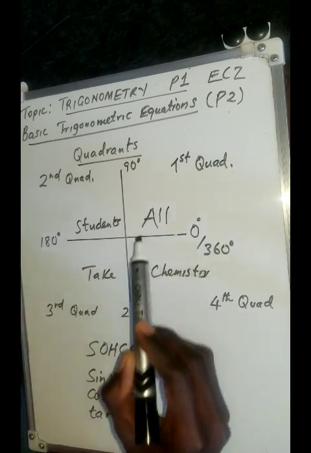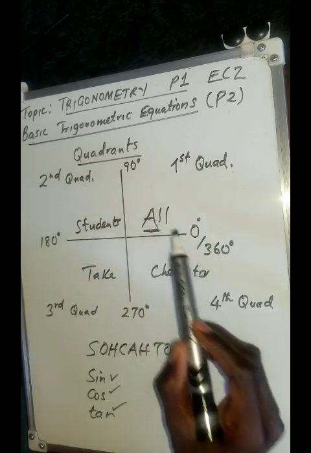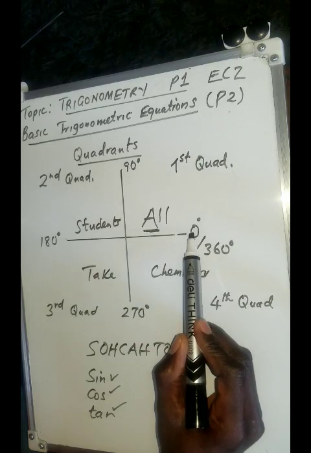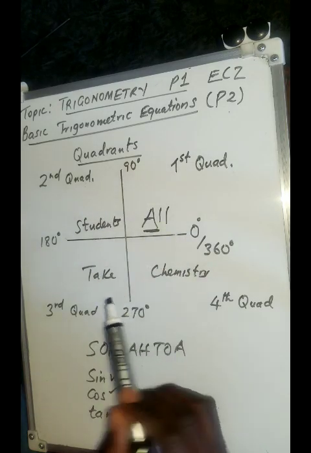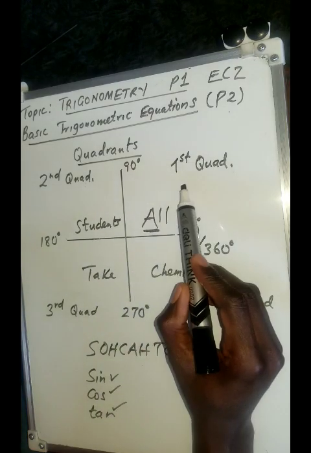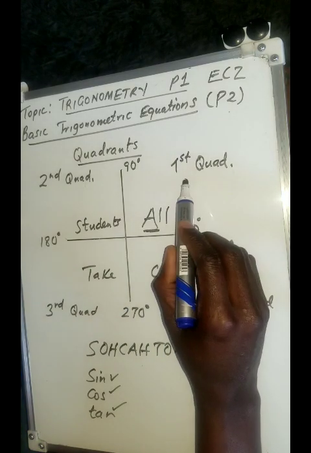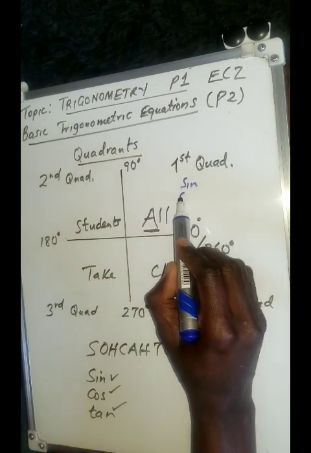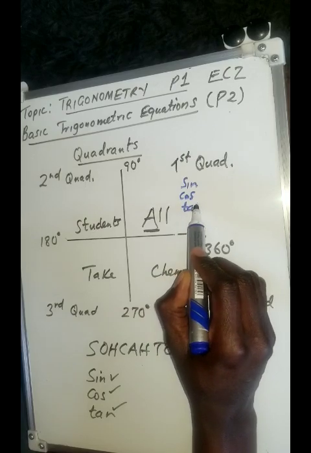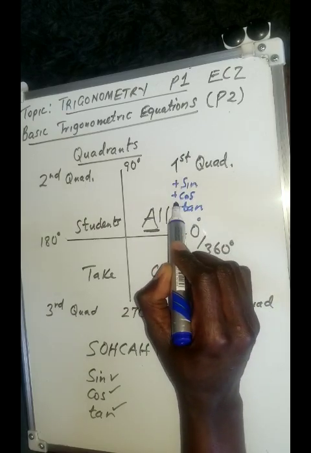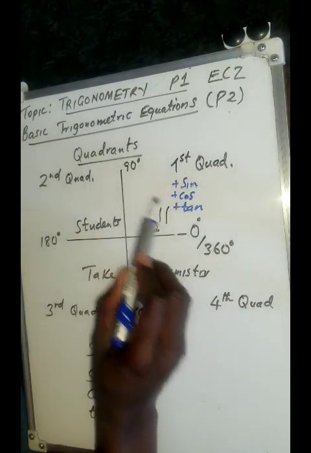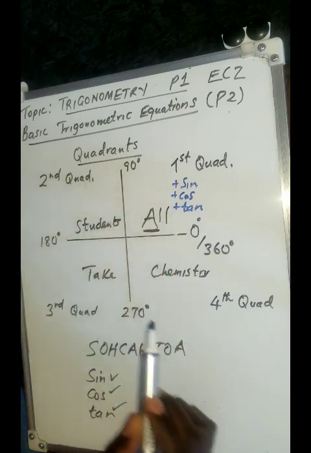What do we mean? In this case, we mean all the trigonometric ratios, as long as the angles are between 0 and 90 degrees, they all are positive. So when we talk about sine, cos, and tan, all these will give you positive values as long as angles are between 0 and 90.